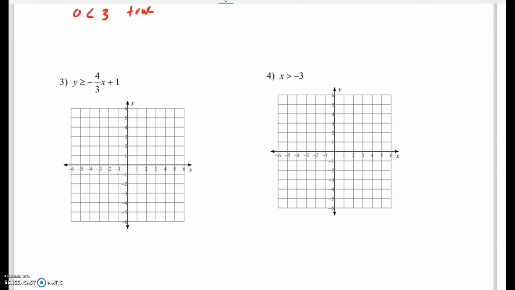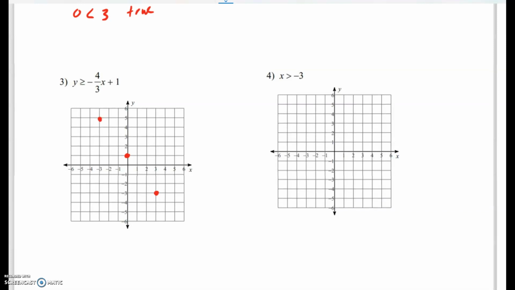Let's try another one. So I'm going to graph the line. The y-intercept is at 1. The slope is -4/3. So down 1, 2, 3, 4 over 1, 2, 3. This one I can plot another point. 1, 2, 3, 4, 1, 2, 3.